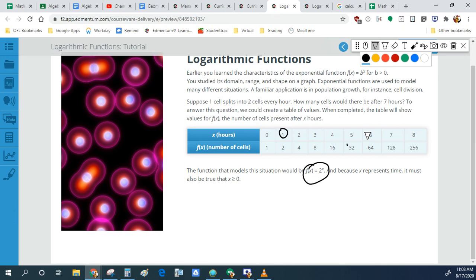But what if we had our y? Remember, we've just gone through inverses. If we want to go from y to x, there's no real way to do that right now, right? So we're going to learn about logs and how we can find the inverse of an exponential function.